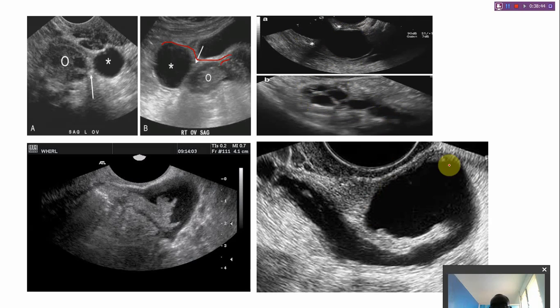So this is another typical example of a fallopian tube that is filled with fluid. You can see it's floating in it. So this is another one, an ascites with the fallopian tube floating in it, showing the fimbriae, the finger-like structures. So this is the infundibulum here, and that is the ampulla somewhere here.